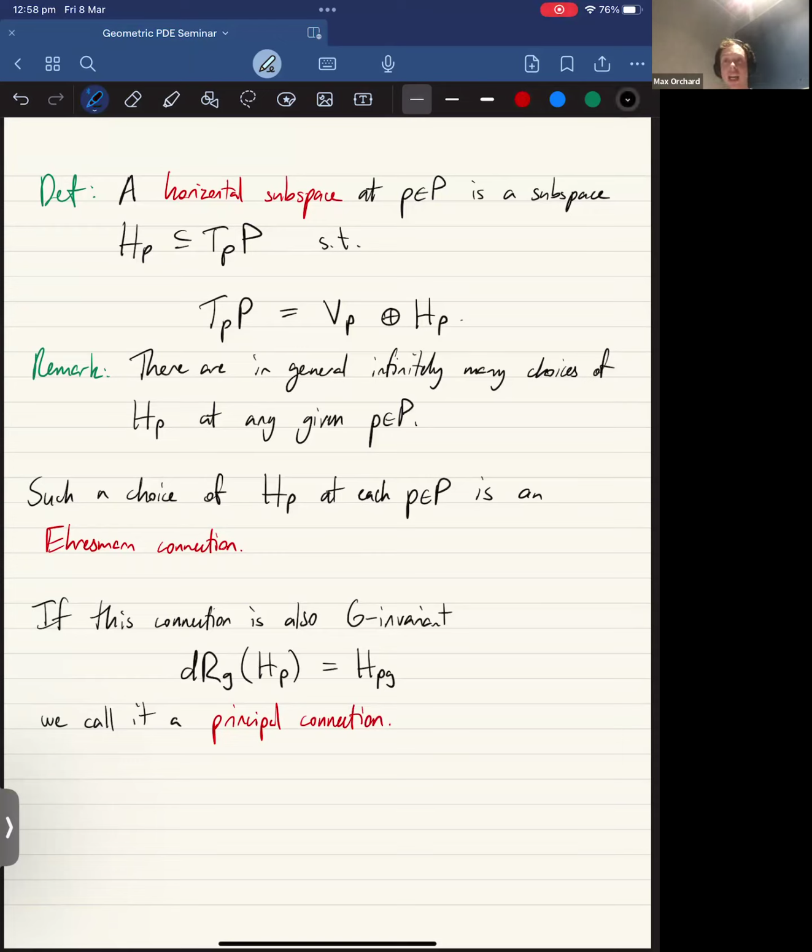And these principal connections are quite important. So they're these connections that also preserve the G bundle structure as well.